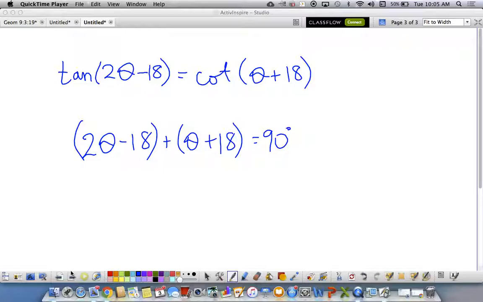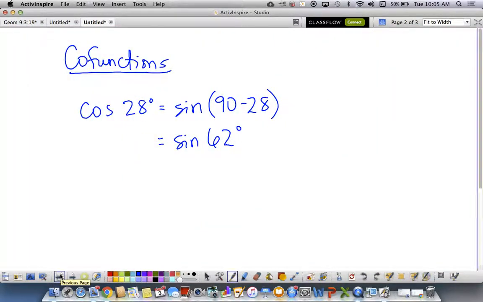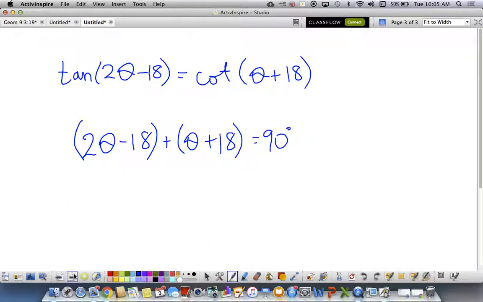Yes? I'm going backwards just a second. 28 and 62 have to be complementary. 28 plus 62 is 90. So I just went back.